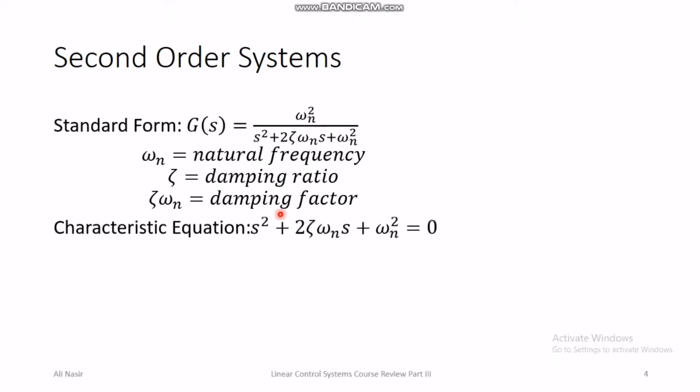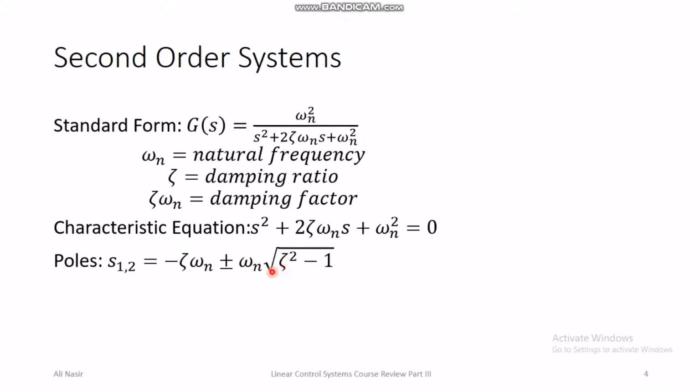The characteristic equation is, of course, the denominator polynomial equal to 0. This is a second order equation, so you can use the quadratic formula, and you get the roots or poles of the second order system at minus zeta omega n plus minus omega n times square root of zeta square minus 1.